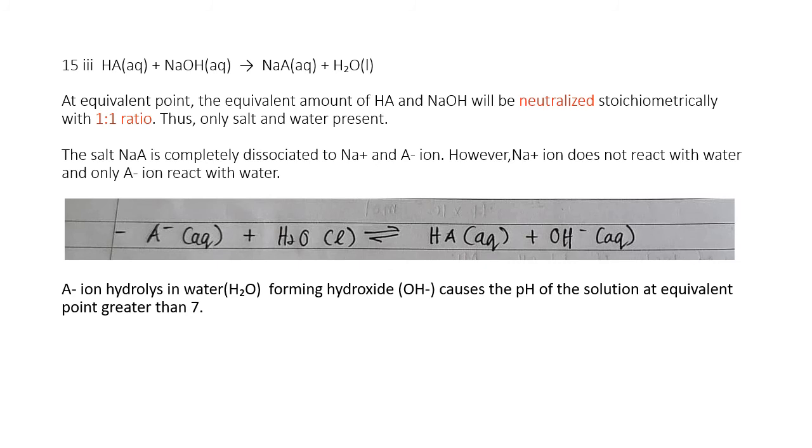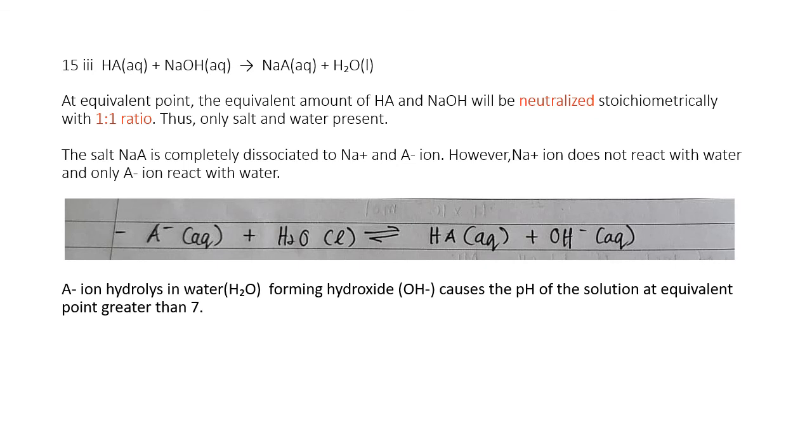Thus, only salt and water are present. Water is H2O, salt is NaA. The salt NaA is completely dissociated to Na+ and A- ion. However, Na+ ion doesn't react with water and only A- ion reacts with water.